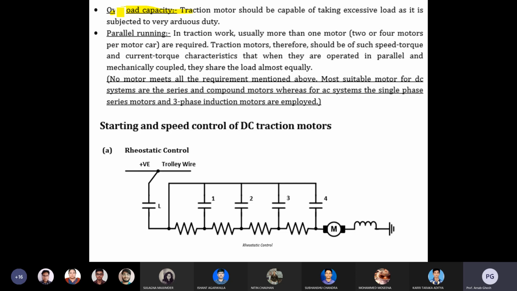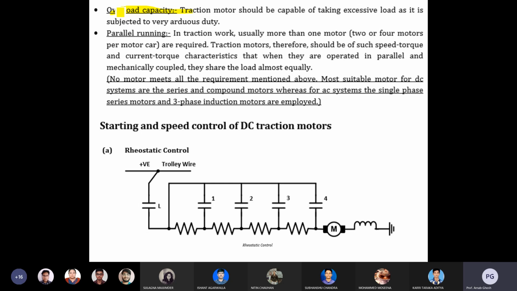That's the problem. If that situation arises, your system may be damaged. So overload capacity is very important: how much maximum current will flow through your system, to the machine conductors, that is more important.